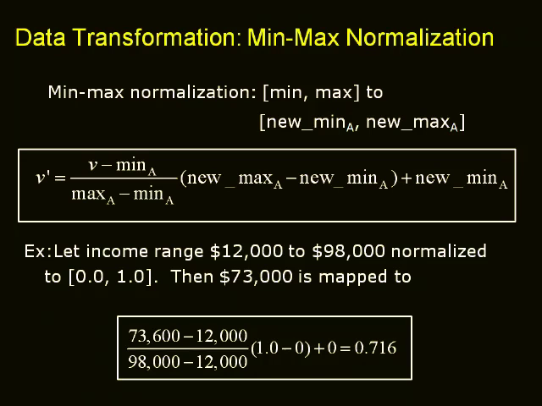If you substitute all the values in this formula, we get V dash as 0.76. That means the value 73,000, which belongs to the range 12,000 to 98,000, is replaced to 0.76 in the new range of interval 0 to 1. So this transformation definitely reduces the number of possible values from a given range to a new range.